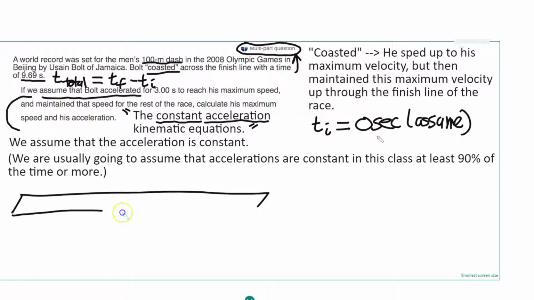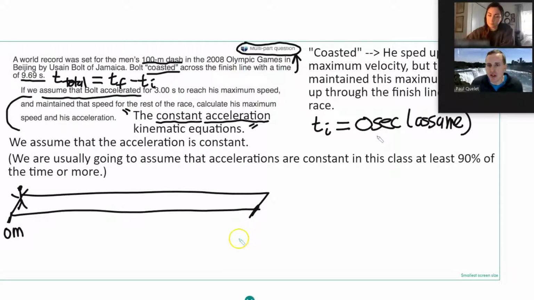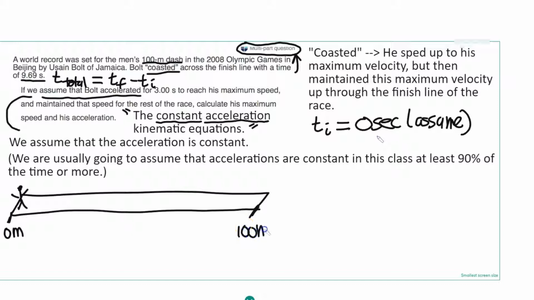Okay. So here's the race, and then here's Usain Bolt. This is the 0 meter line. What would this line here be when he finishes the race? 100 meters, exactly.